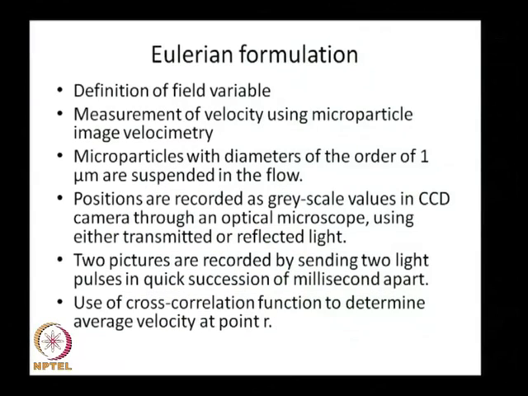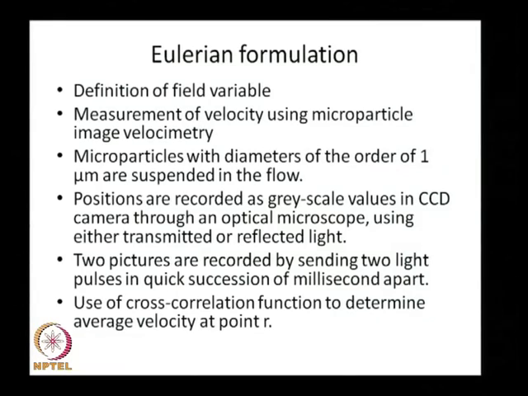So, if we want to measure a velocity inside a channel where the length is so small, this has to be done by some other method. The common method available, which comes at a very high price tag, is measurement of velocity using microparticle image velocimetry. That is the name of that technique.